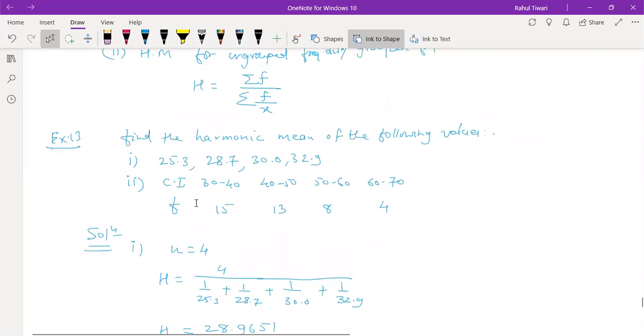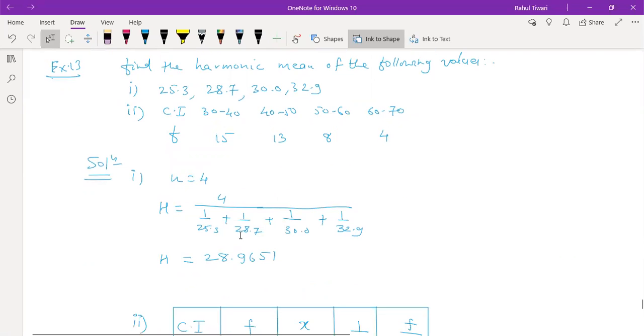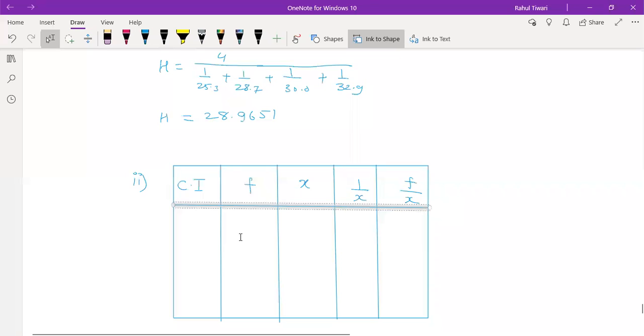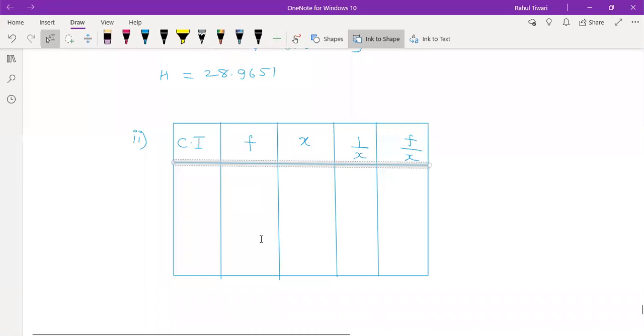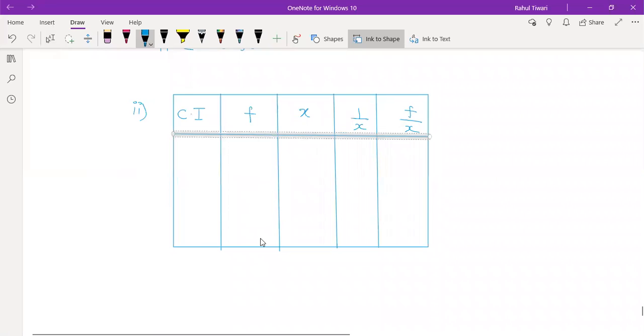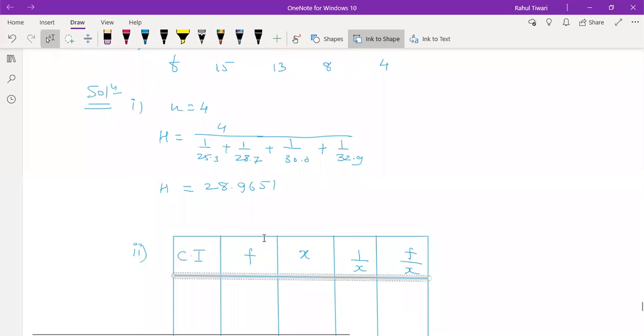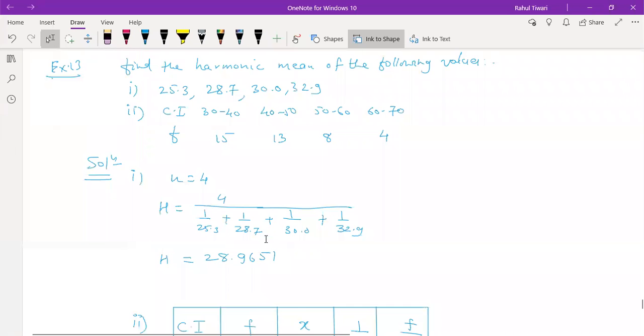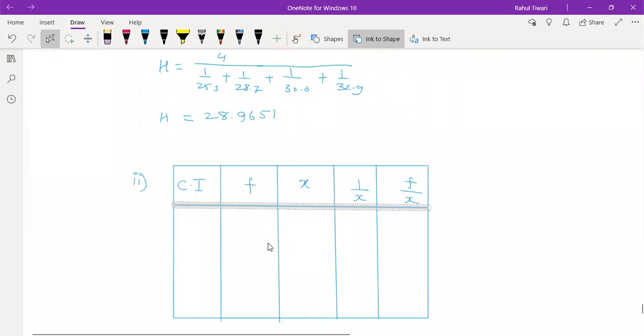So we have 30 plus 40, it is 35. This is the class interval. We have 30 to 40, 40 to 50, 50 to 60.